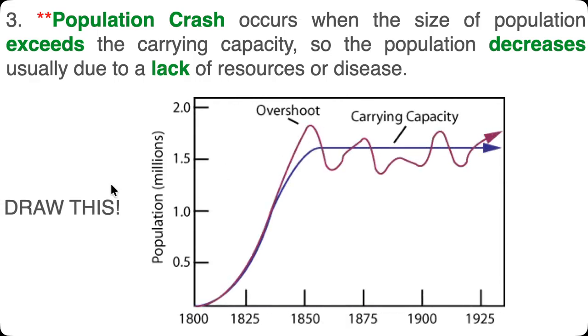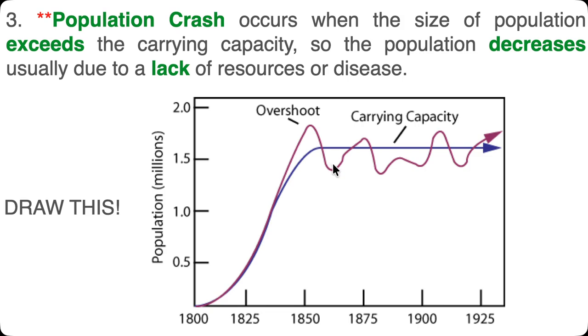So this is what you are going to draw in your notes. You have this blank graph. So let's say this blue arrow is supposed to represent a perfect logistic growth graph. Now, what happens in reality, though, is organisms will follow some exponential growth, and then they overshoot. So they have too many organisms for that particular habitat, which causes a decrease.